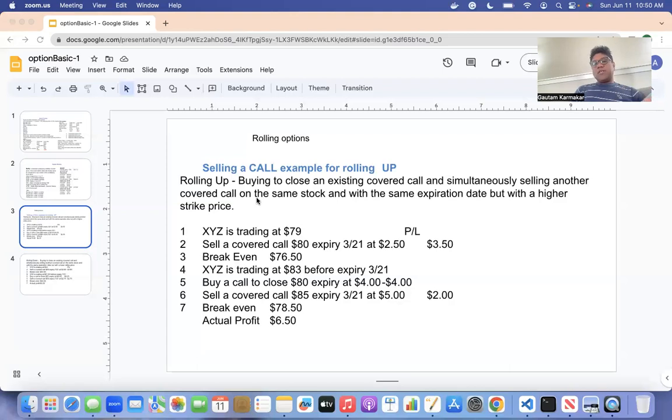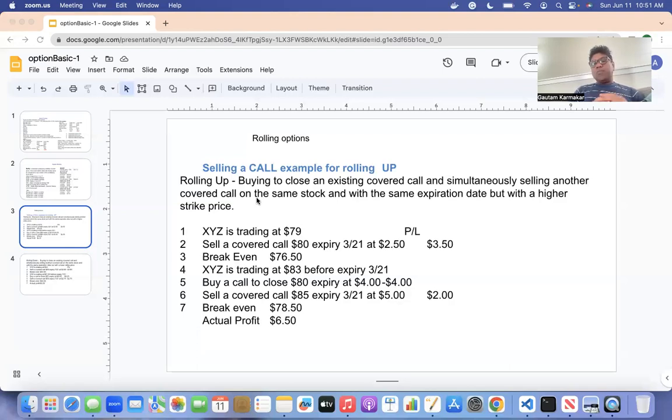Depending on your cost basis and how the stock continues to go up, let's say the stock is now trading at $83, you are making a $2 profit on the price itself, because your strike price is now $85. But you lost $1.50, so your $1.50 will be subtracted. So basically you are making a 50-cent profit, and you will see that total profit will be $50, right? So this is how it works.